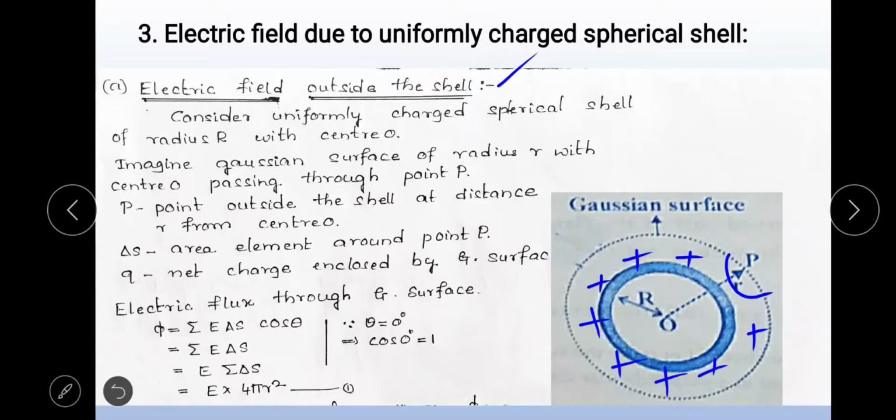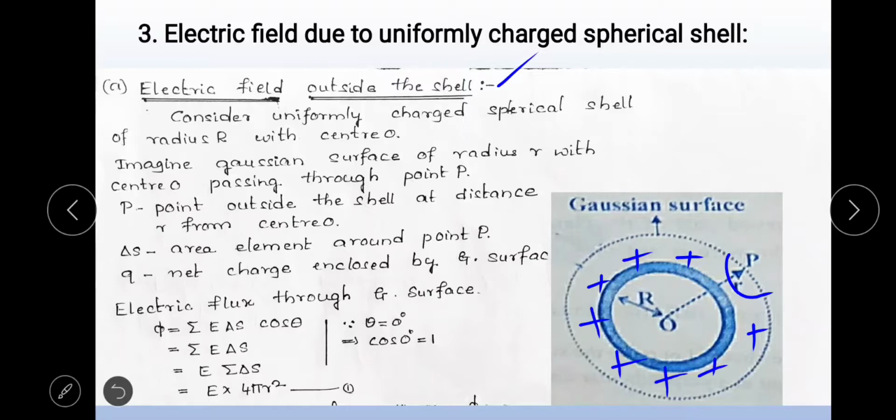Okay. So here the Gaussian surface is made up of small area elements such as delta S. Hence, to calculate the electric flux through the Gaussian surface, we have to consider the summation.